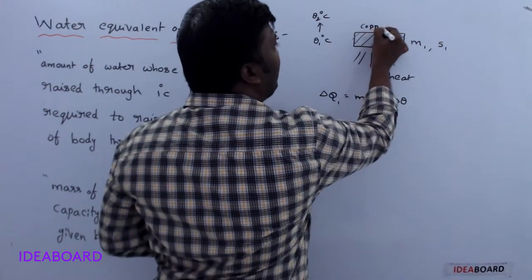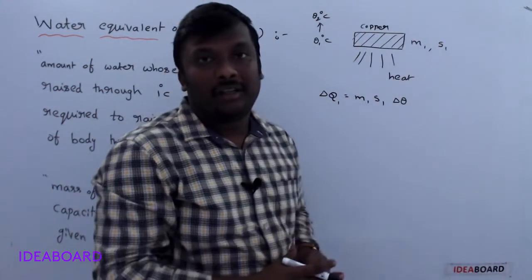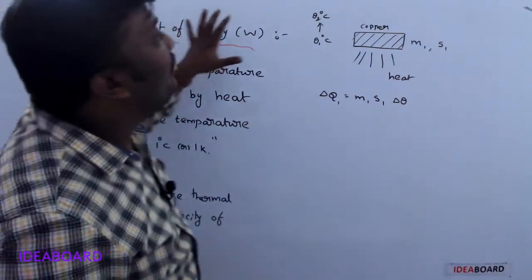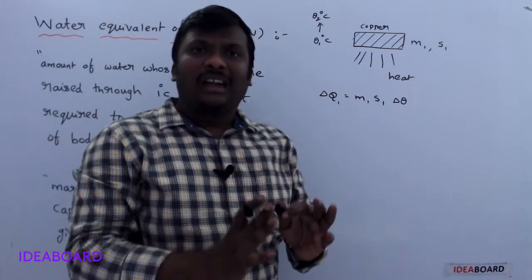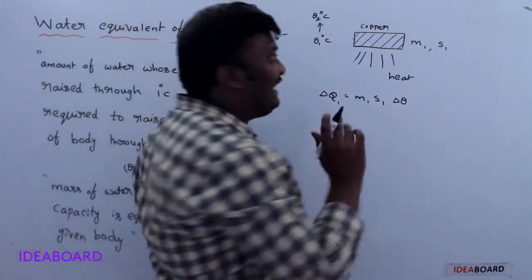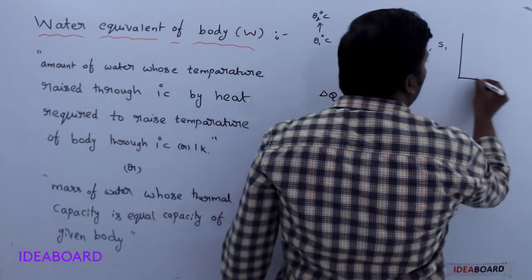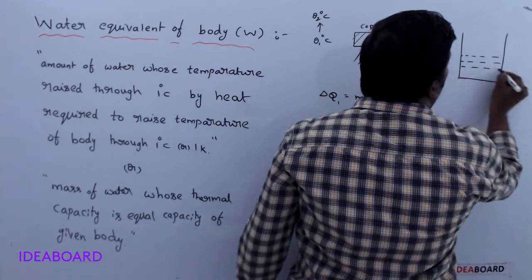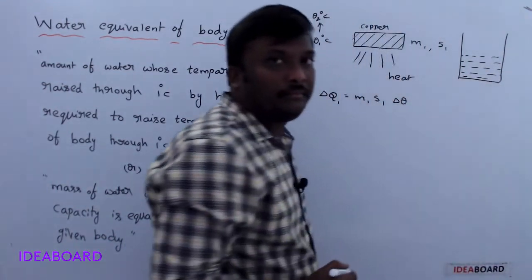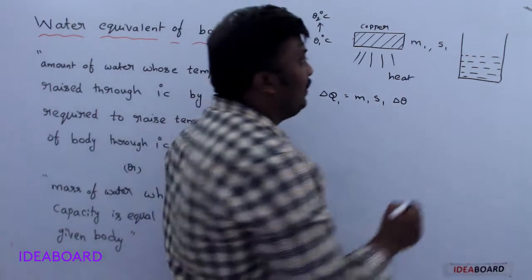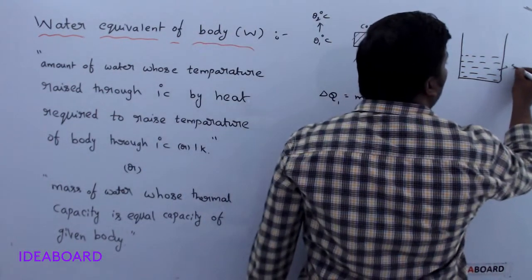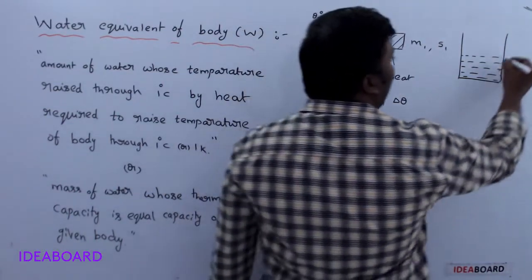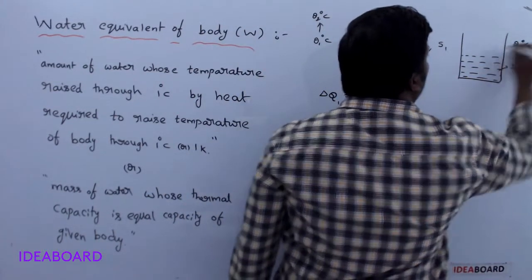Let it be some copper, example only. Understand? Now, what is the side heading? Water equivalent of body. Within a vessel, take a certain quantity of water here. Okay, we know the specific heat of water is S water. Understand now? The initial temperature is again theta 1 degree Celsius.